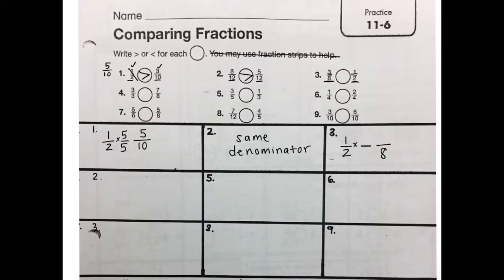So 2 times what equals 8? 2 times 4 equals 8. So I'll multiply 1/2 by 4 over 4 to get 4/8. Then I can change my 1/2 over here to 4/8. If I'm comparing 3/8 to 4/8, the numerator is bigger, so I'm going to put a less than sign. 3/8 is less than 4/8.